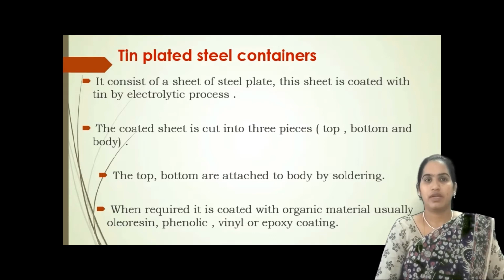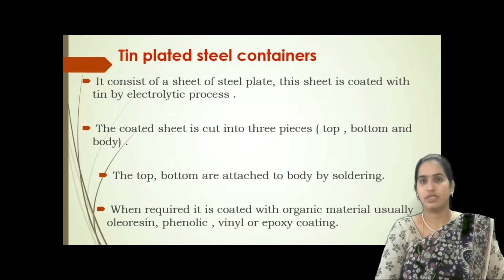As there is a chance of interaction of these containers with the product, in order to avoid the interaction, these tin sheets may be coated with different materials like oleoresins, phenolic, vinyl or epoxy materials.